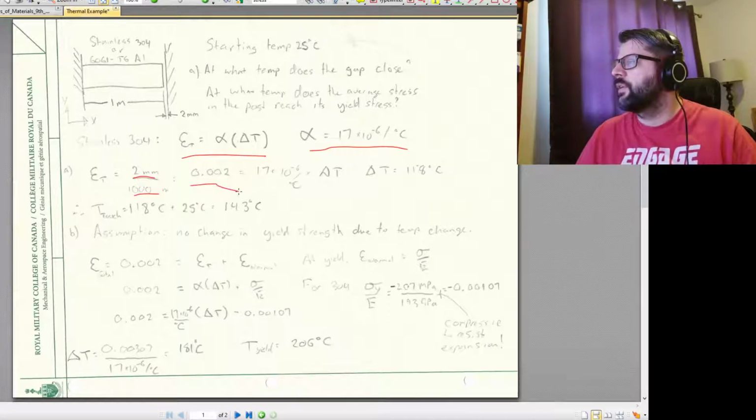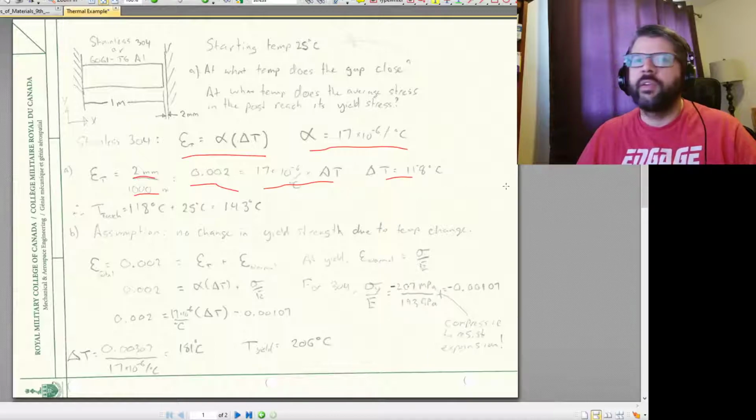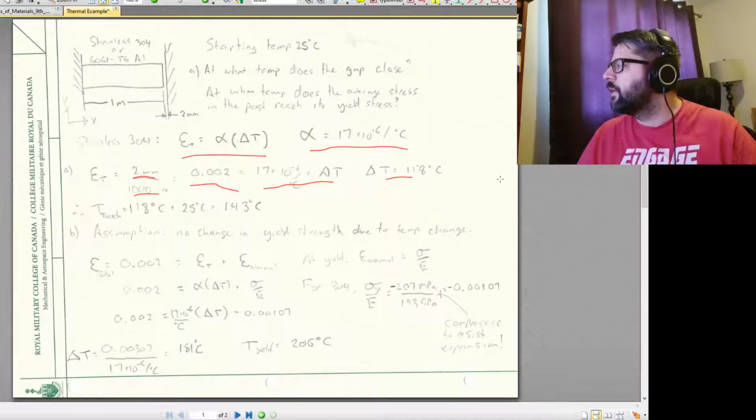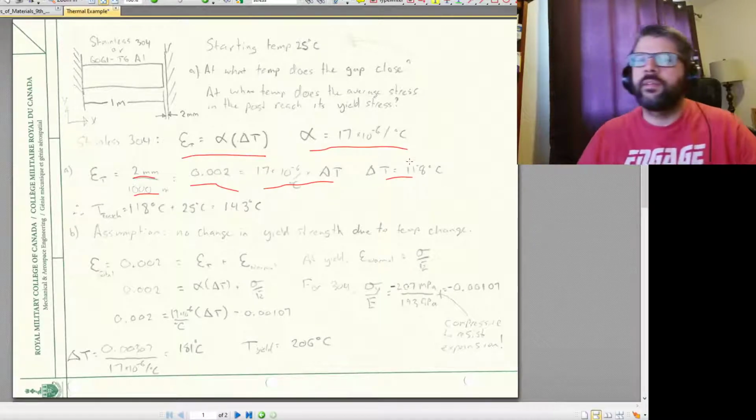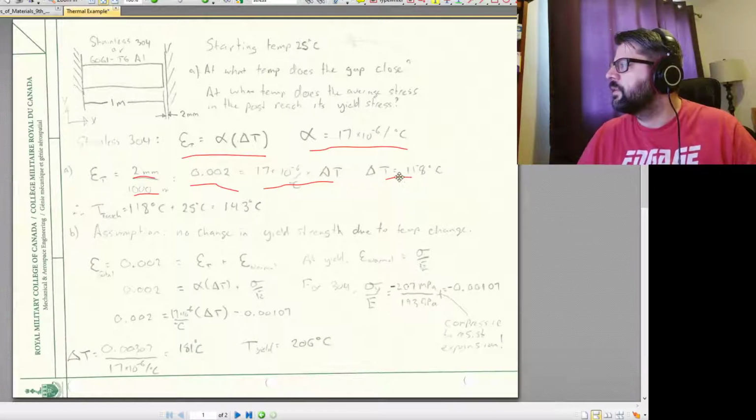That gives us our thermal strain at that point, which we can use to solve relatively simply for our delta T. So that'll be 118 degrees Celsius.